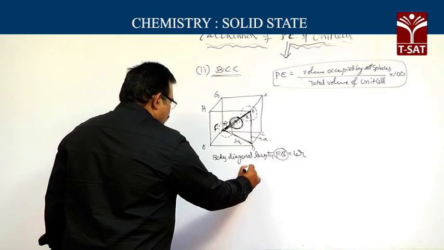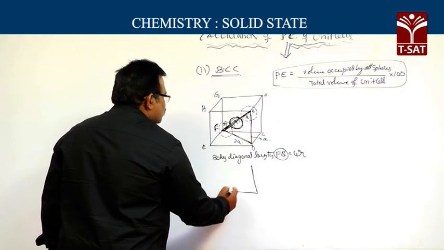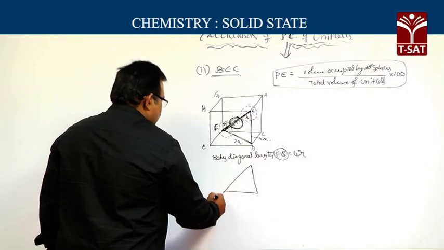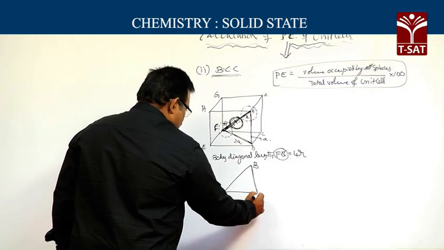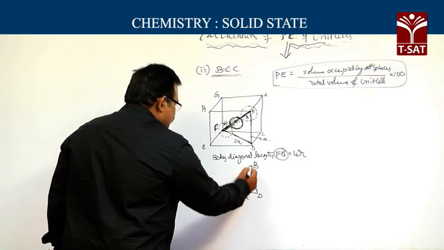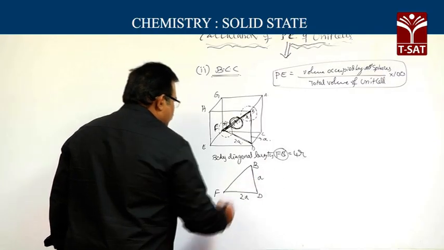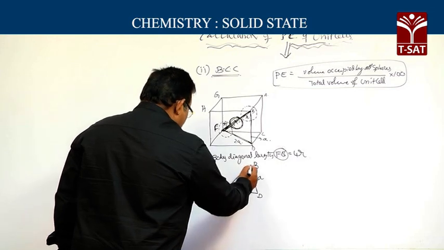Now, we have this kind of triangle, F, B and D. This length is equal to root 2 a, this length is equal to a, and this is body diagonal length FB.